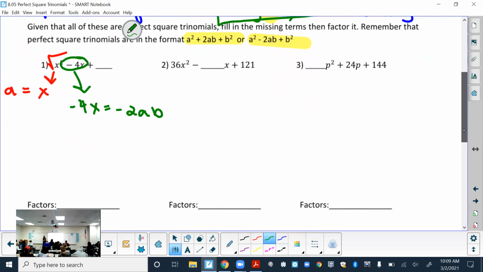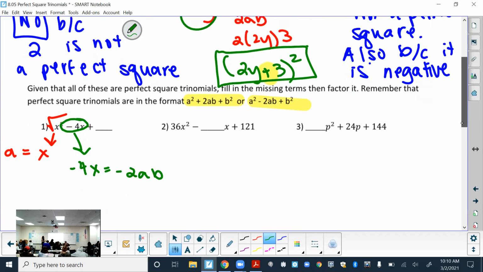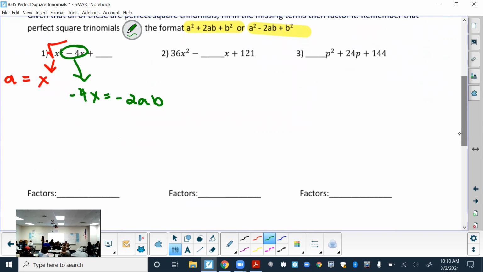No. Okay, so that's from the formula. This is what it tells us the middle term equals. We know what A is because we already figured that out, so we can plug that in. But we don't know what B is. That's what we're solving for.